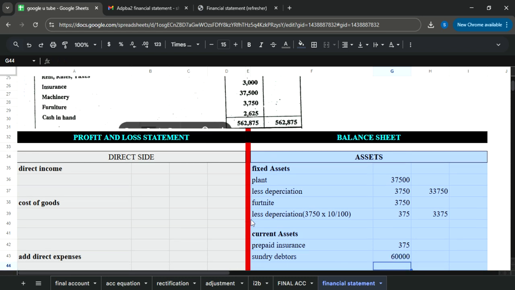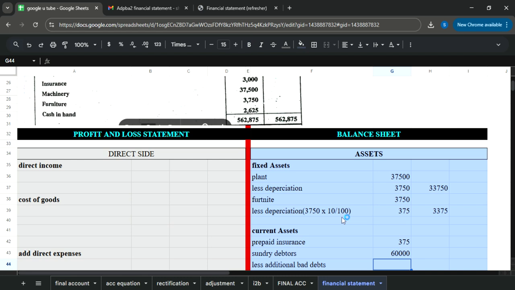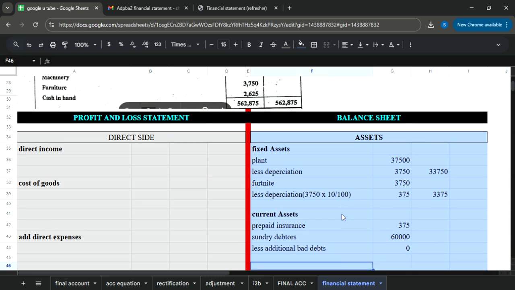After that you will calculate additional bad debts over here, and these bad debts should be present in adjustment. While in adjustment you cannot see any bad debts since it's a reserve, so you may write 0 over here. After that, you will be subtracting less new reserve for bad debts.